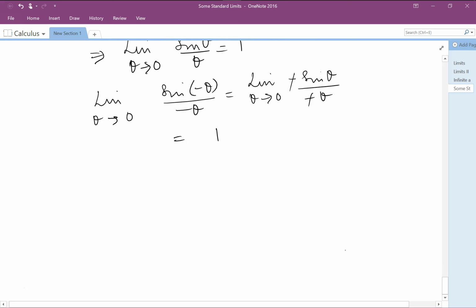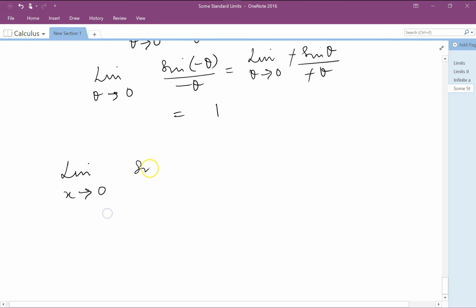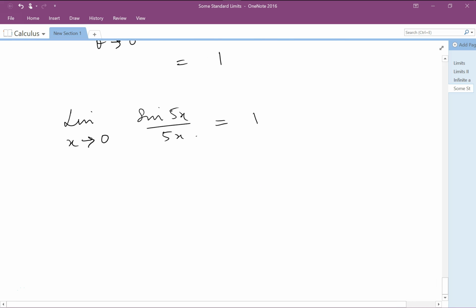Let's do very quickly two or three sums. Limit as x approaches 0 of sin 5x by 5x. This is very straightforward. You can say this is equal to 1, since here theta is equal to 5x. So no questions about it. Let's look at the next one, sin 3x by x.